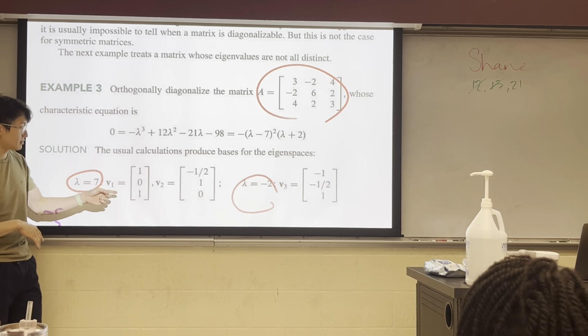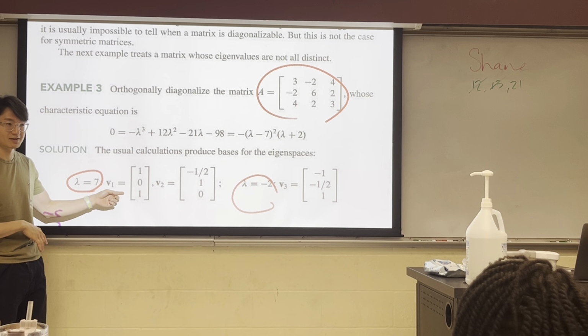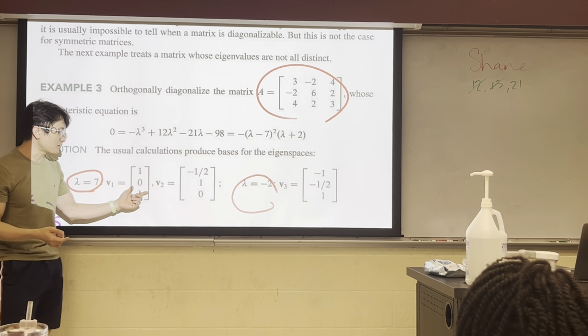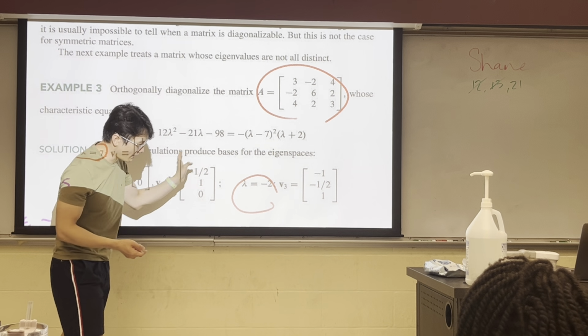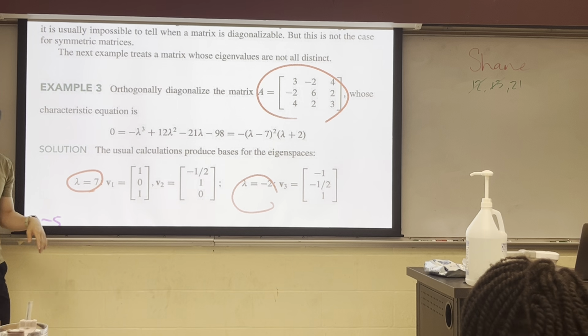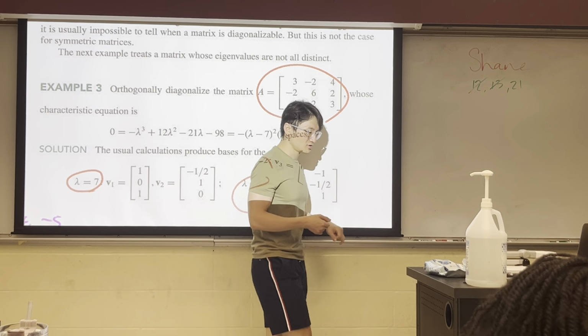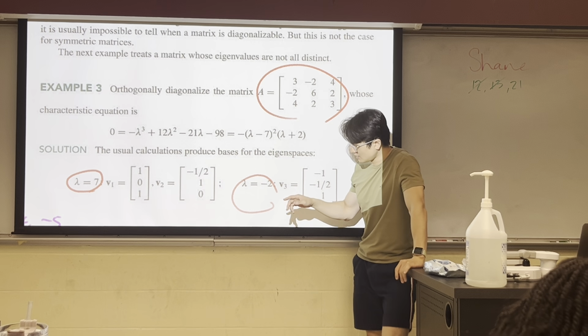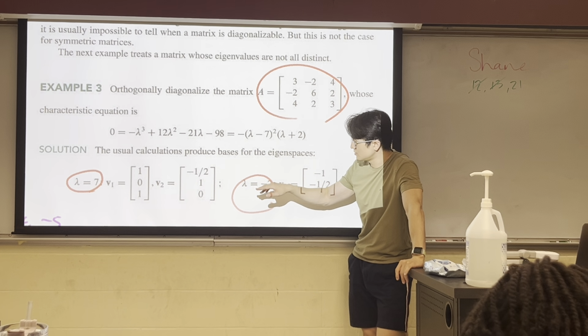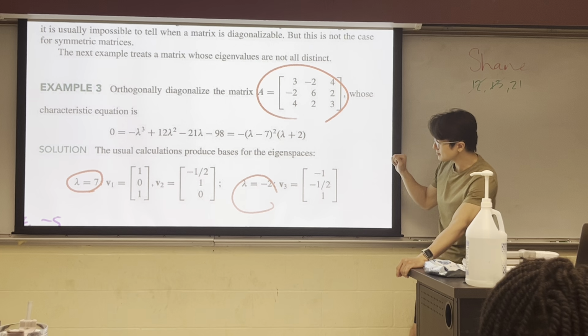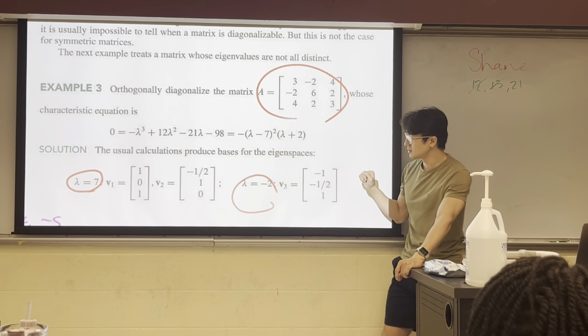They're orthogonal. Do you know how to figure out if two vectors are orthogonal? Dot product. Dot product should be 0 for two vectors to be orthogonal. What about these two? Orthogonal, yep.